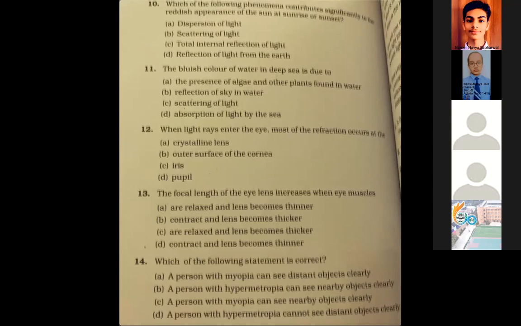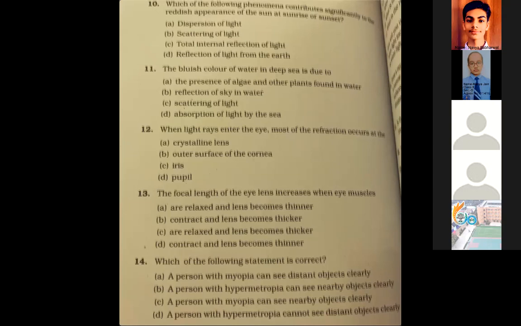Right at the interface. Why don't you use this word, and why don't you remember the importance of this word and the logic behind it? Always refraction will happen right at the interface. So which is the interface between atmosphere and your eyes? Tell me. Cornea. Ma'am, cornea.